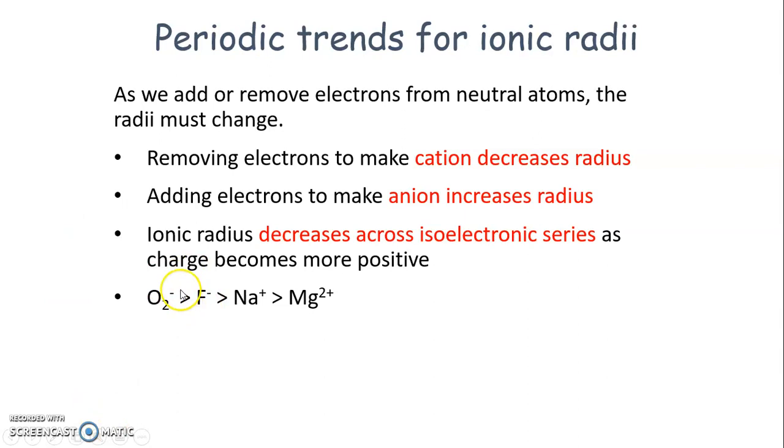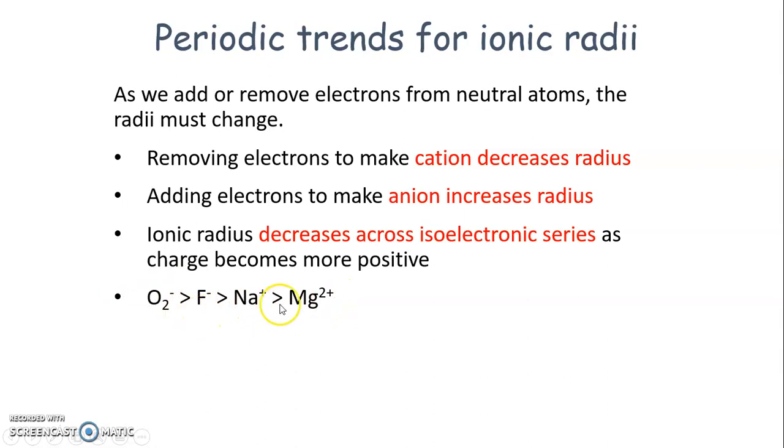That 2 is supposed to be up. That's O2 minus. It's not the peroxide ion. So that's supposed to be O2 minus, oxide ion, fluoride ion, sodium ion, and magnesium 2 plus. So the idea here is that the charge is going from 2 minus to 1 minus to 1 plus to 2 plus. And all of these things have the same number of electrons, but the nuclear charge that's holding on to them increases.